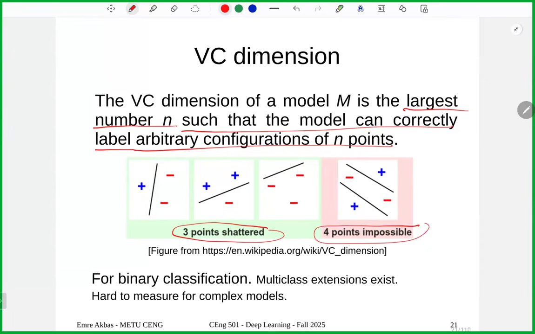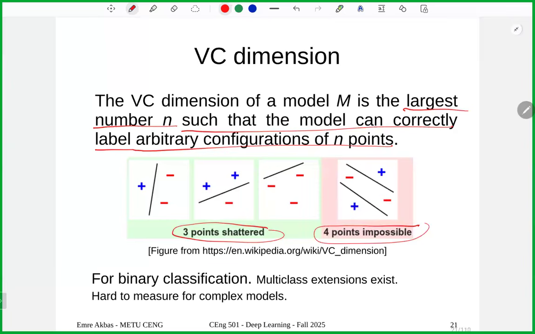Some of the combinations are possible. When positives are here, negatives are here, you can draw a boundary between them, but when it's like this XOR problem, it's impossible. So we say that the VC dimension of this linear decision boundary or linear model is 3, not 4.